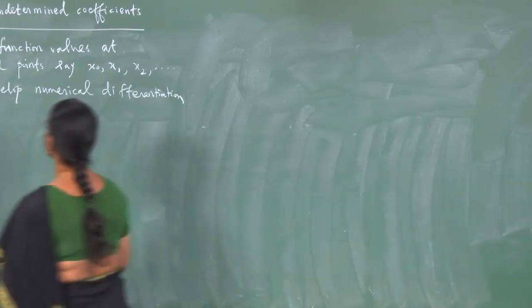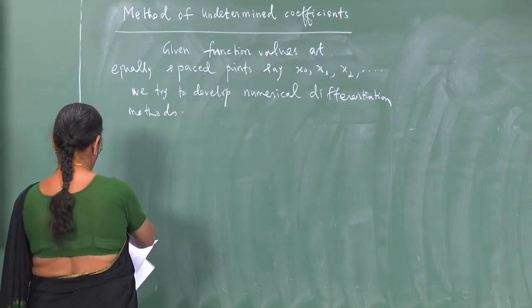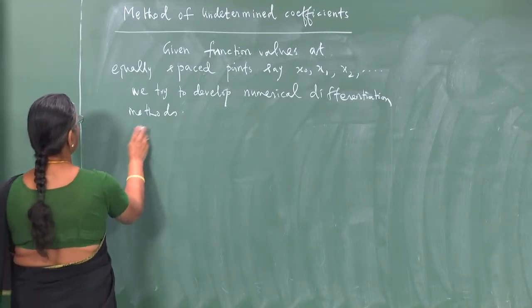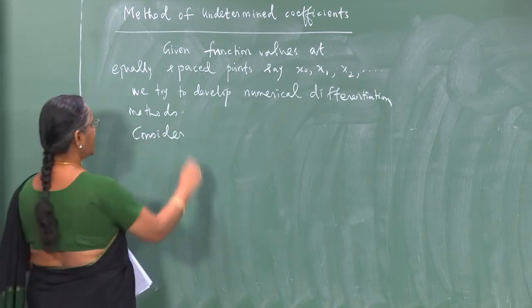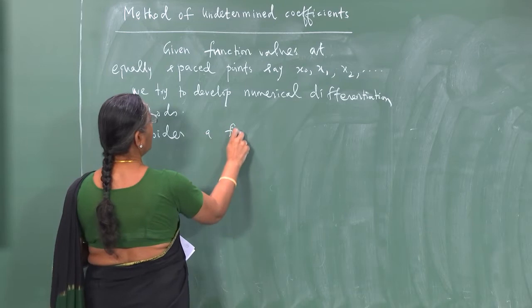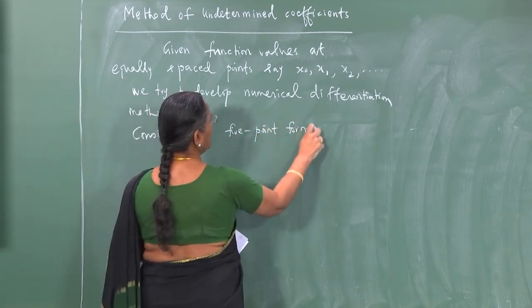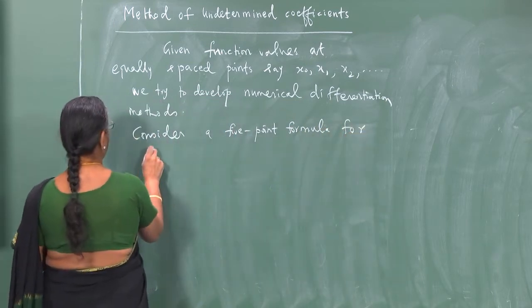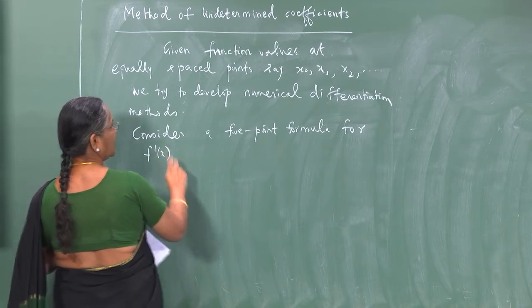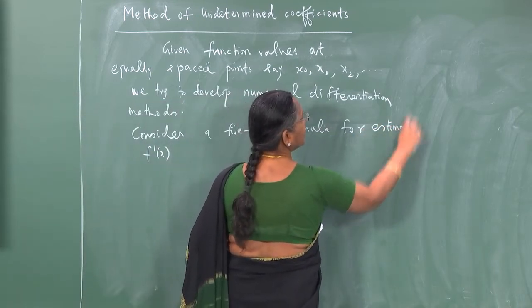So, let us consider the following 5-point formula. Suppose I am interested in considering a 5-point formula for estimating f dashed of x.